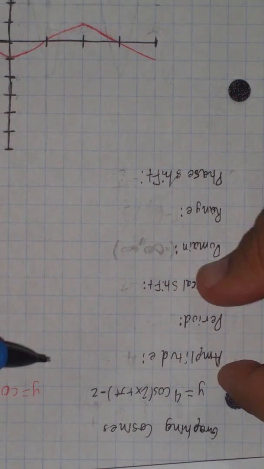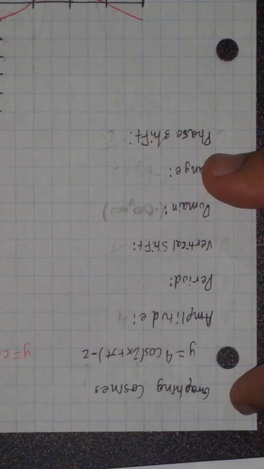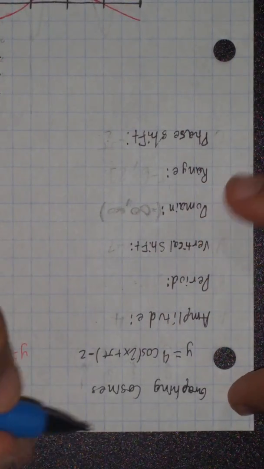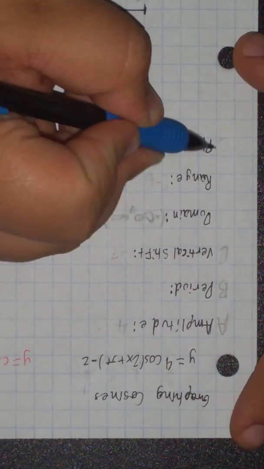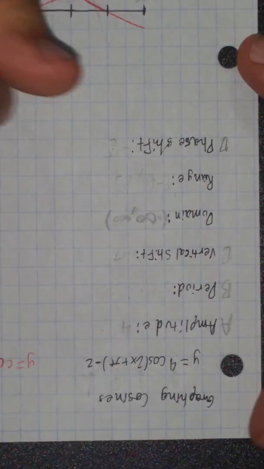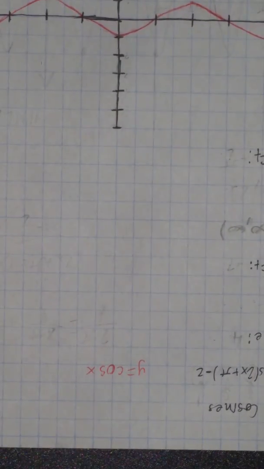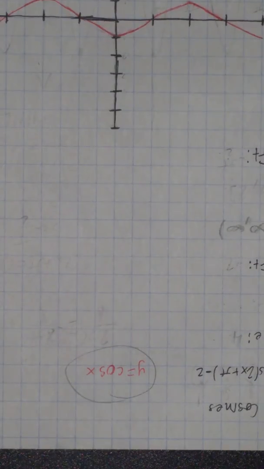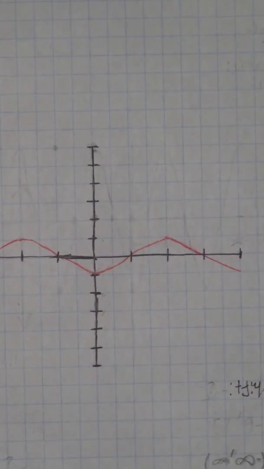Alright, so first off, amplitude. Now in order to find any of these, really, you need to find what I like to call A, B, C, and D. And each of those correspond to one of the extra values added to the parent function, which is this one, y is equal to cosine of x, which on the graph is the supposedly red line.